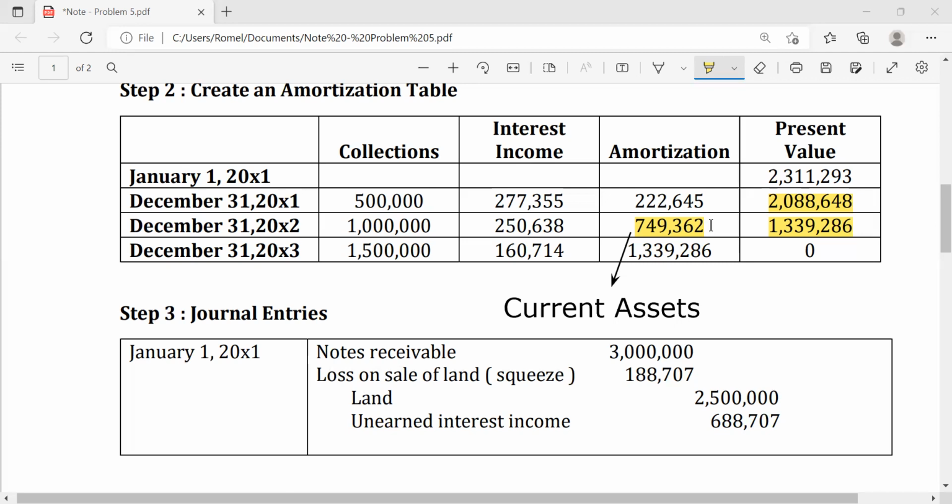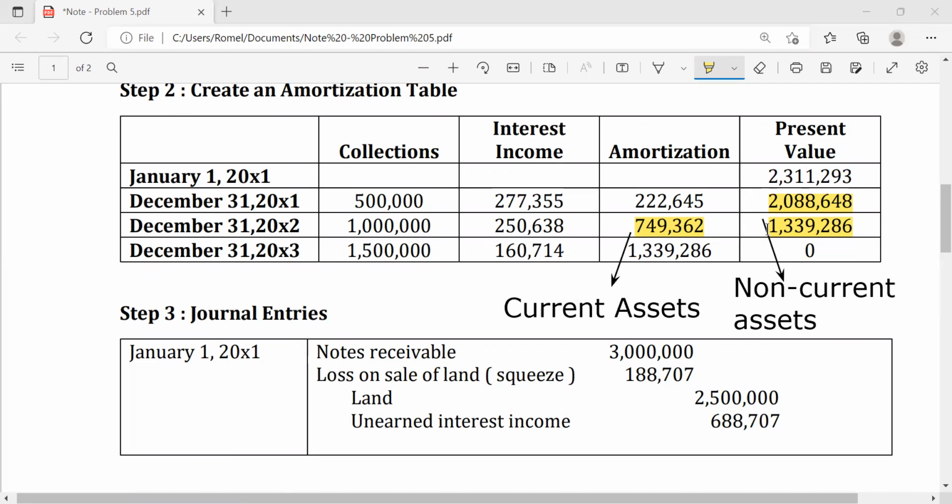Therefore, ang 749,362, this will be presented in the current portion. Meanwhile, the 1,339,286, this will be presented in non-current assets. Bakit sa non-current assets i-represent ang 1,339,286? Because this is collectible beyond 12 months after December 31, 20X1.